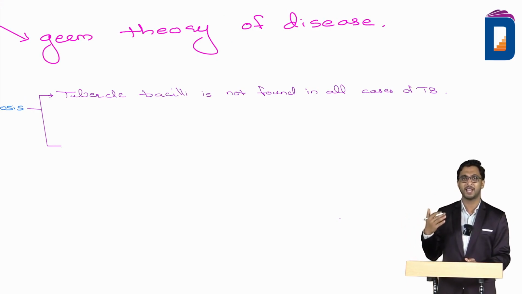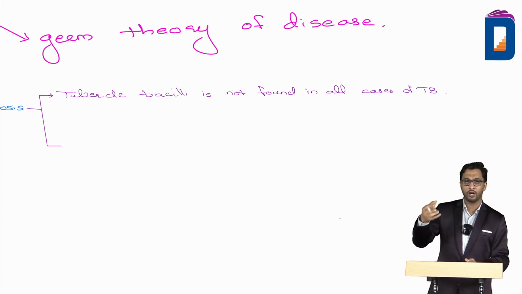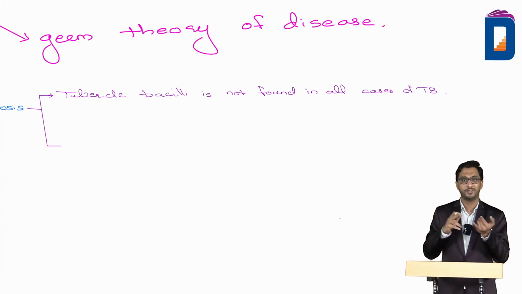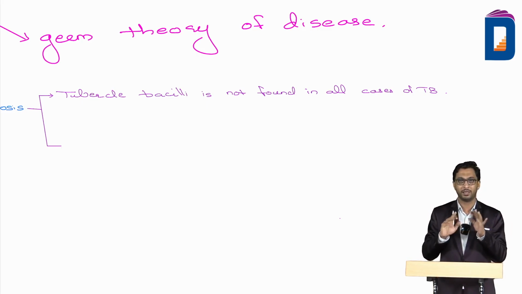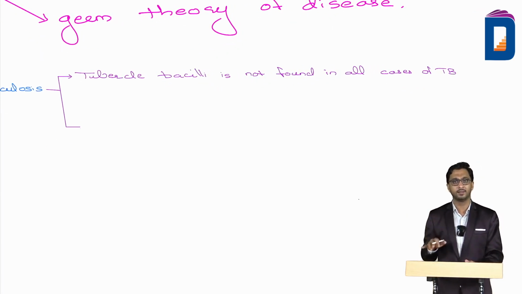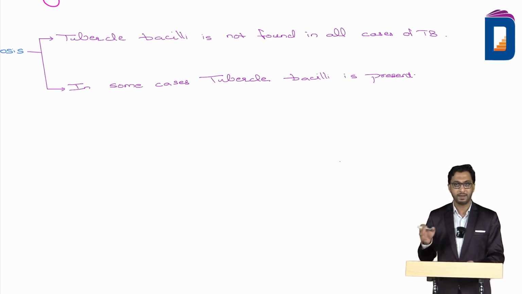So the mechanism has started in the body which is causing the disease, inflammation, chronic inflammation, necrosis, all going on due to the presence of lymphocytes, macrophages and all, but the bacilli is not there. Okay, we've studied this in detail, isn't it? The mycobacterium. So tubercular bacilli is not found in all cases. Also, in some cases you see that the bacilli is present.